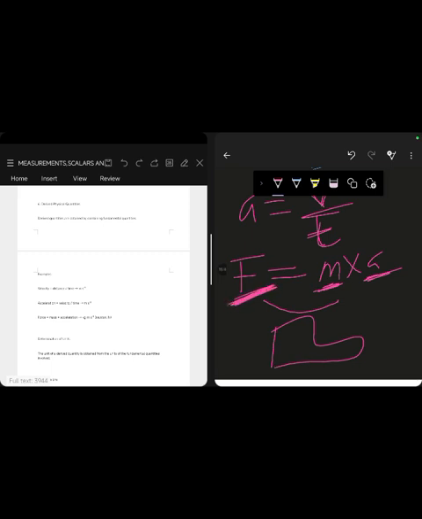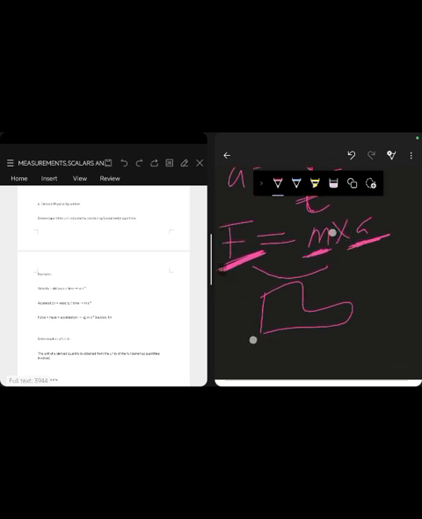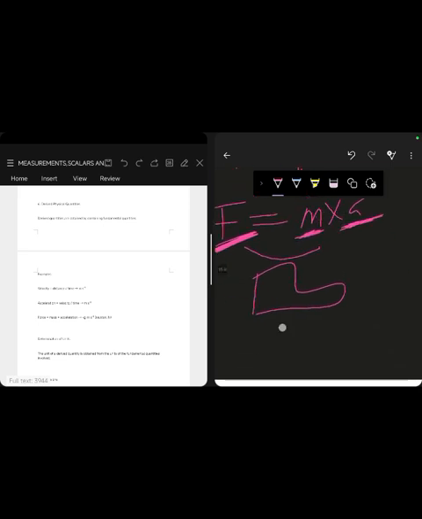A bicycle too can hit you at the same speed, but it won't have the same force as a car. Why? Because the car has a greater mass, unlike the bicycle, which has a smaller mass. So even if they have the same acceleration, because the mass of the car is greater, it will produce a greater force. So force depends on the mass and the acceleration. Was it speeding up when it hit you, or was it not?